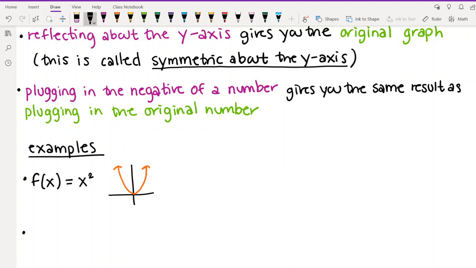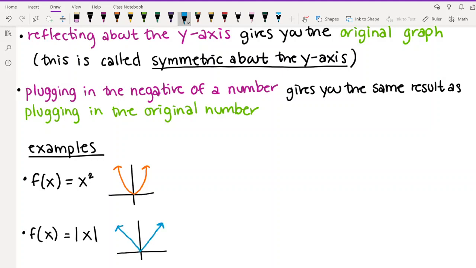Think back to the basic functions that we've been using for transformations. What is another one that has this same kind of symmetry shape? Another one that we've been seeing is f of x is equal to the absolute value of x. That function also has this shape where it is symmetric about the y-axis.